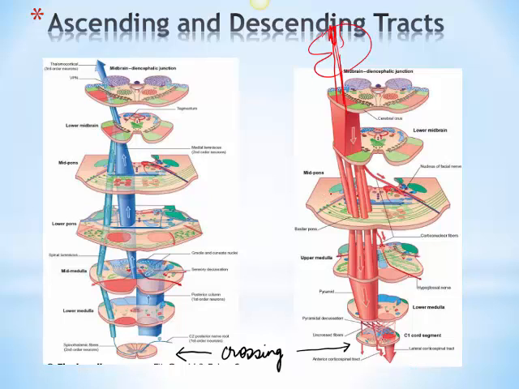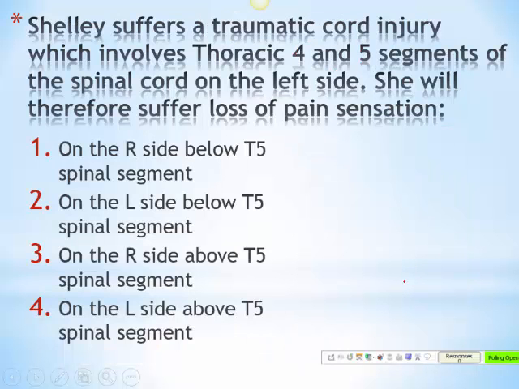So if this was cut, where do you think the problem would be seen? If I said the right side was cut, which side muscles of the body would be affected? Left side, right? Because they would no longer pass information there. So, if you got a question like this, how would you answer this?